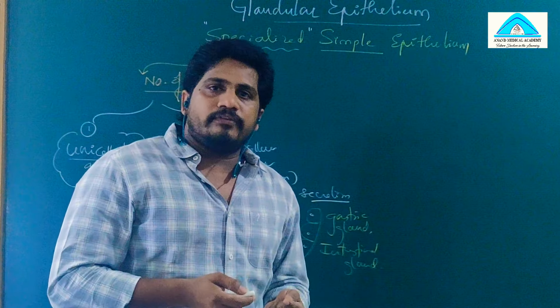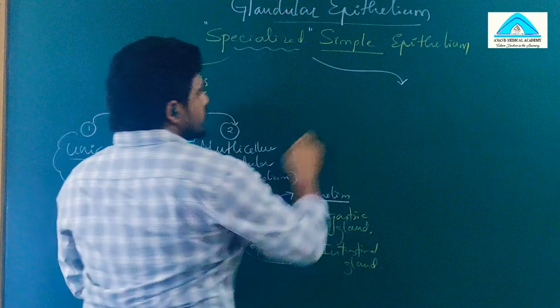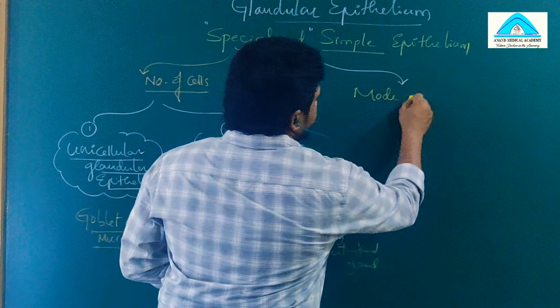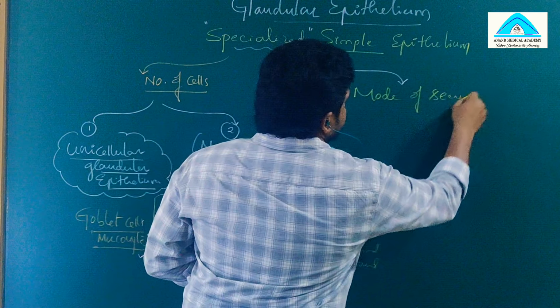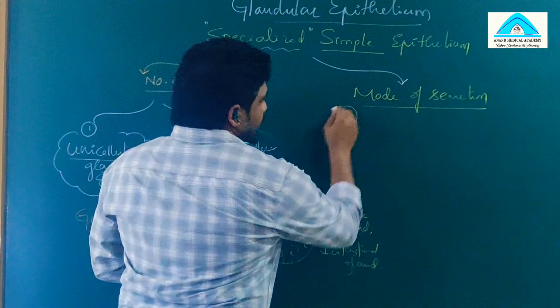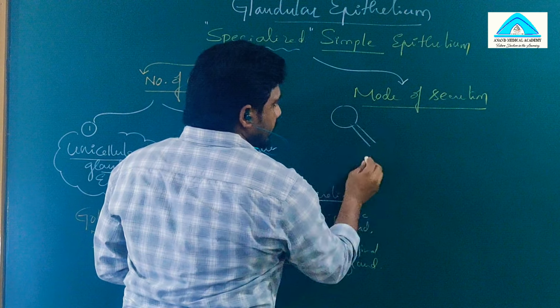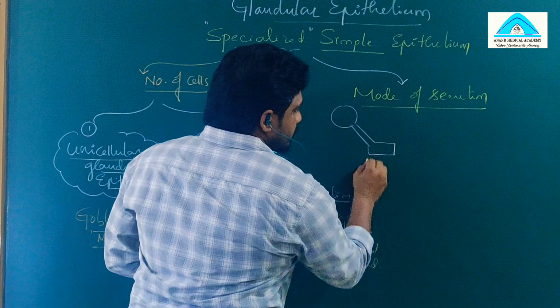On the basis of mode of secretion, that is the second type. Suppose this is a gland. This gland is secreting something, that may be a chemical, into a particular part. This is called the target.